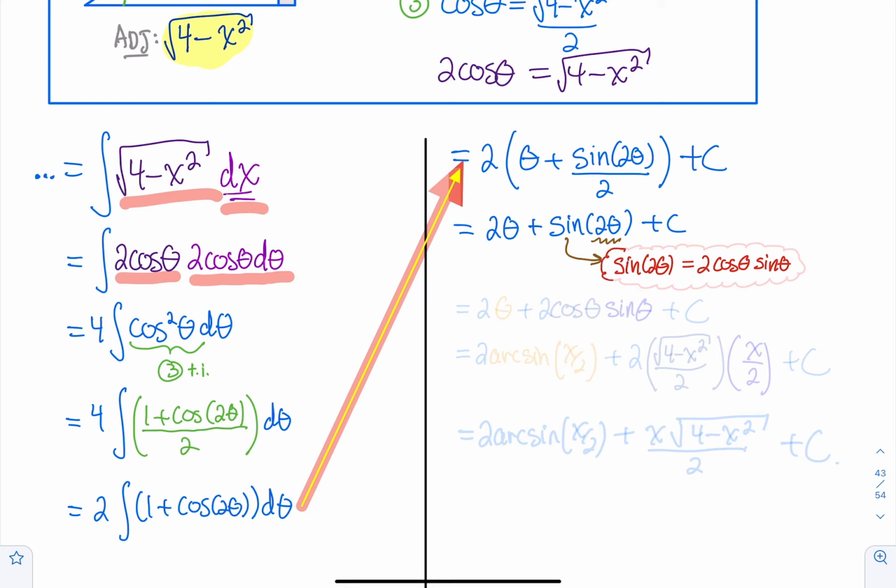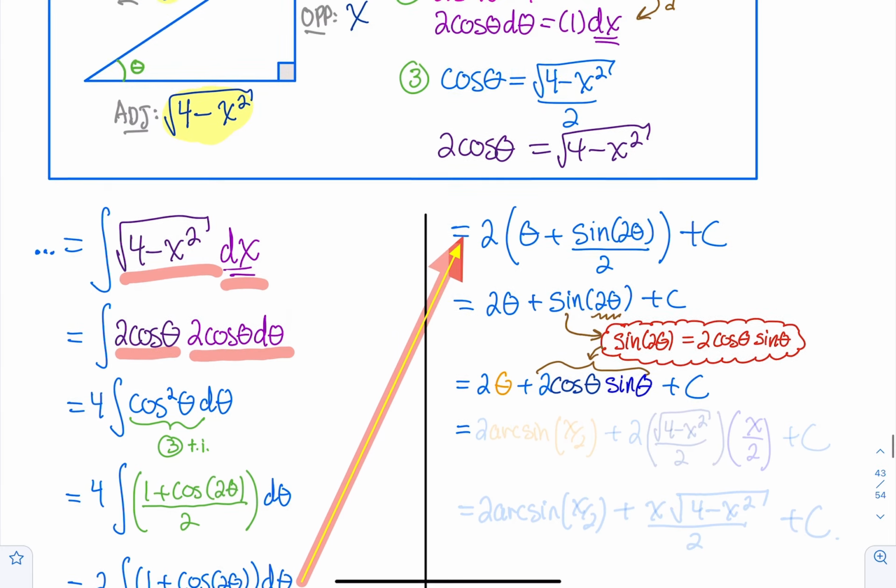So if you see sine of 2 theta, and this happens a lot, this is how you get rid of the angle 2 theta, to go back to theta, because I want to use my triangle to get rid of those theta and get nice formulas. All right, so this now becomes 2 theta plus 2 cos theta sine theta plus c.